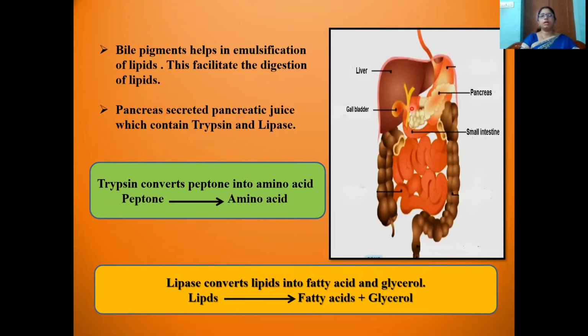This facilitates the digestion of lipids. The pancreas secretes pancreatic juice, which contains trypsin and lipase. Trypsin converts peptones into amino acids. Lipase converts lipids into fatty acids and glycerol.